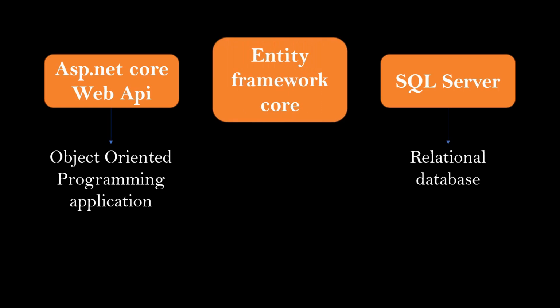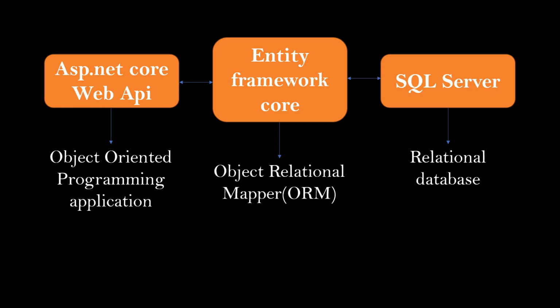In order to make developers' life easier, we have something called Entity Framework Core, which is an ORM. ORM stands for Object Relational Mapper. This particular piece of software understands both object-oriented programming language as well as relational language, and it lets the developer work with relational database using object-oriented programming.